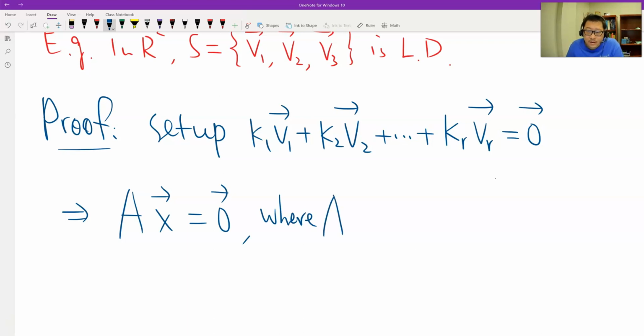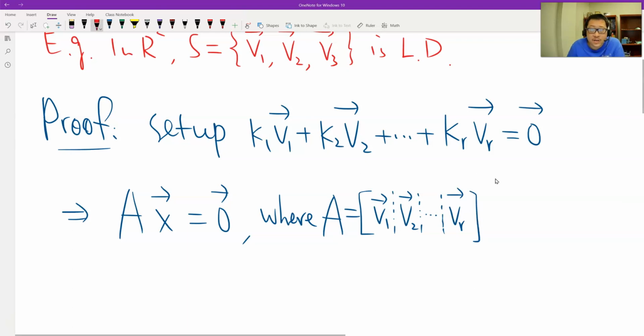Where A is v1 to vr, of course, we need to make sure each vector is set up in column form. Therefore, we put all the column vectors together and form a matrix A.